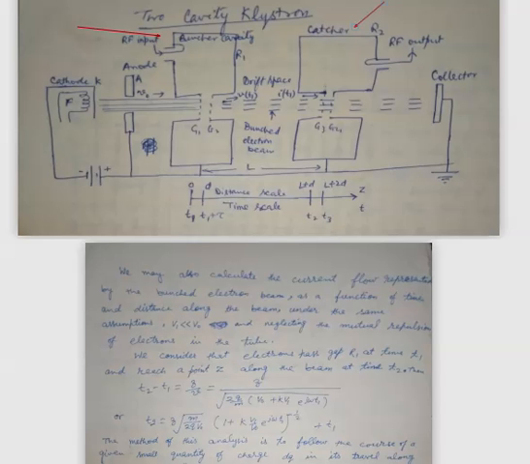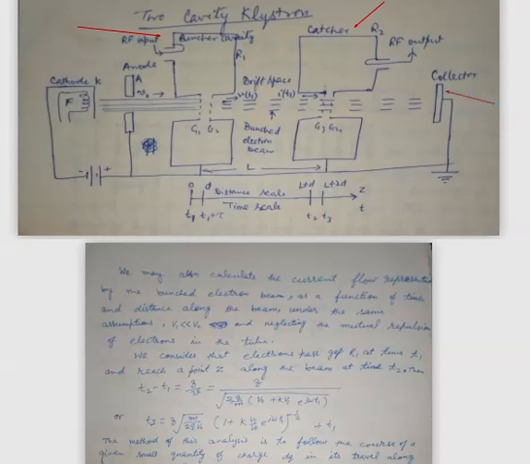The remaining electrons, after losing their energy and passing through the catcher cavity grids, will finally be collected by the collector electrode and the walls of the tube.